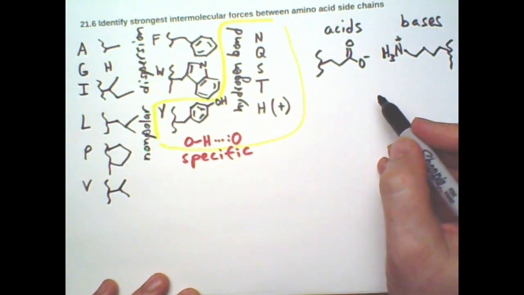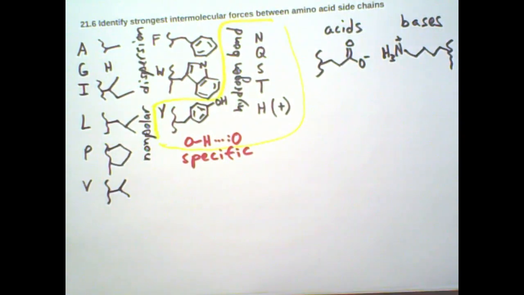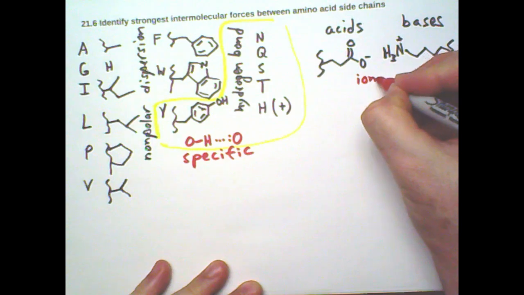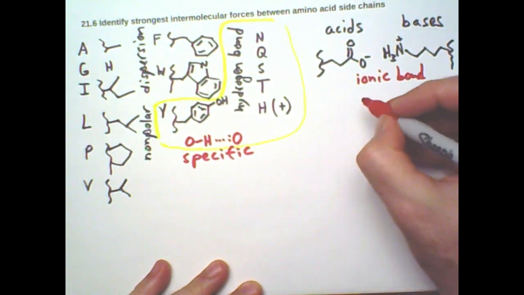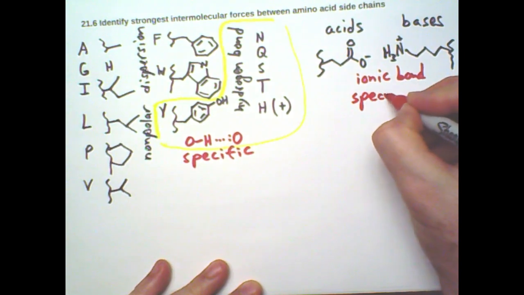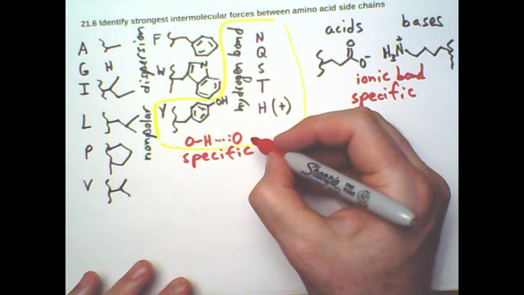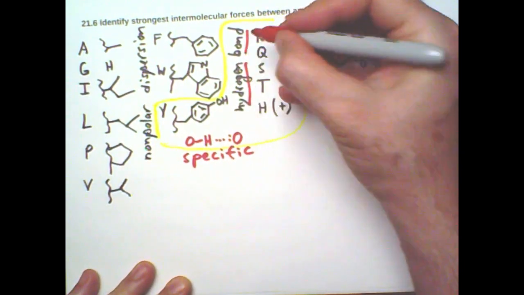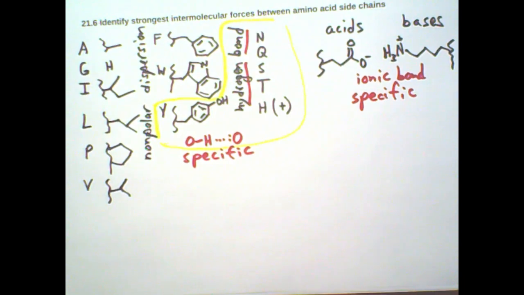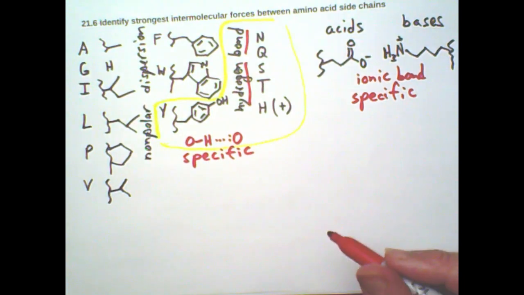The lysine side chain makes an ionic bond, and it is specific. A hydrogen bond. These can make hydrogen bonds with each other, and they are specific.